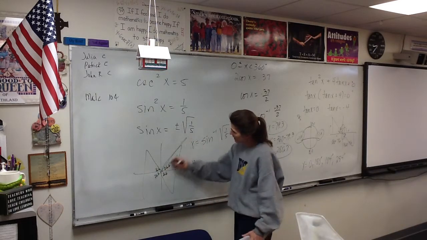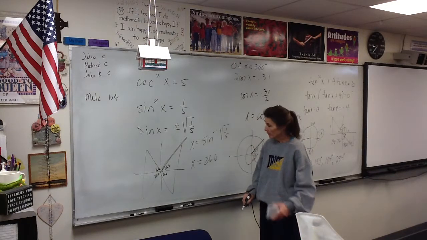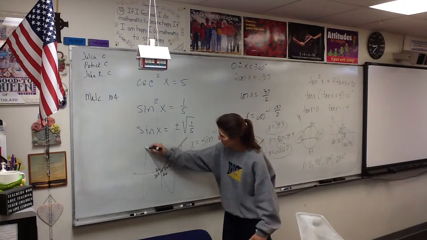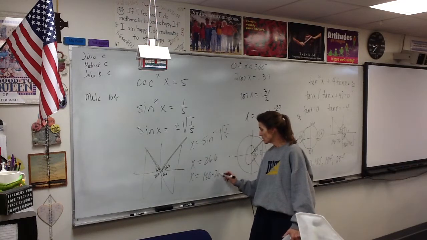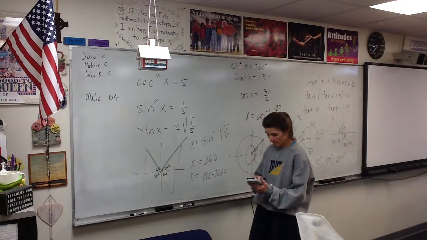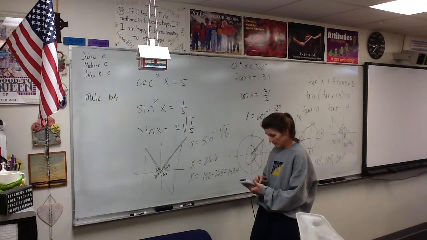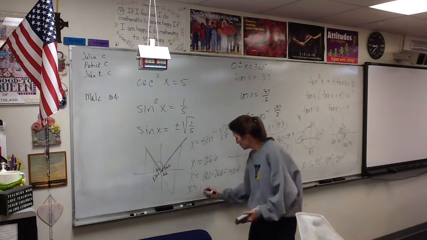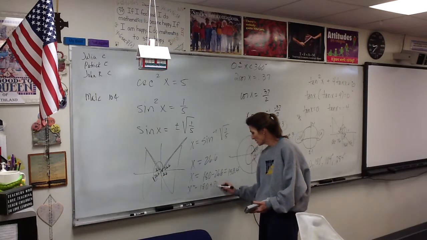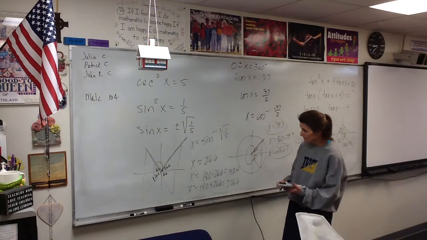So I have this angle in quadrant 1, which is 26.6. I have this angle in quadrant 2, which is 180 minus 26.6, which is 153.4. Then I have this angle, which is 180 plus 26.6, or 206.6.